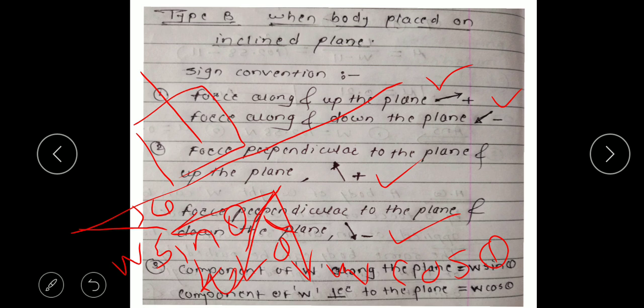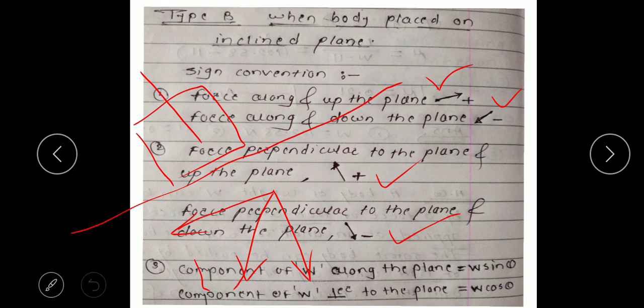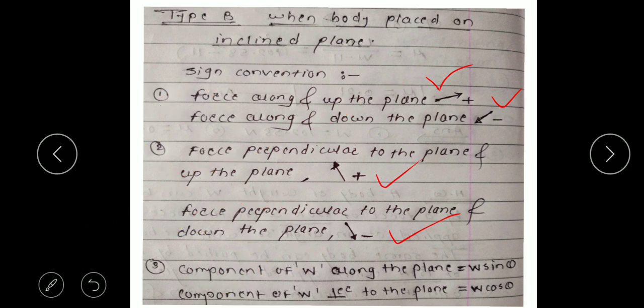This is the real one. The same statement is mentioned here in the sign convention: the component of W along the plane means the horizontal type. This is the plane, and on this plane one component is W sine theta, and another force is nothing but W cos theta.